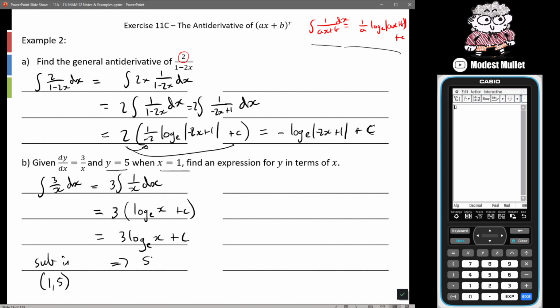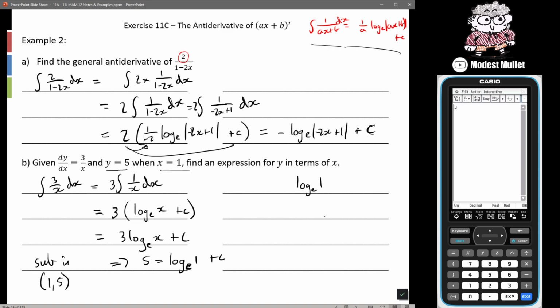So we get 5 is equal to log to the base e of 1 plus c. Now log e of 1 is equal to, if I can get my brain to work for a second, log e of 1, that's saying e to the what is equal to 1. Let's double check with our calculator.